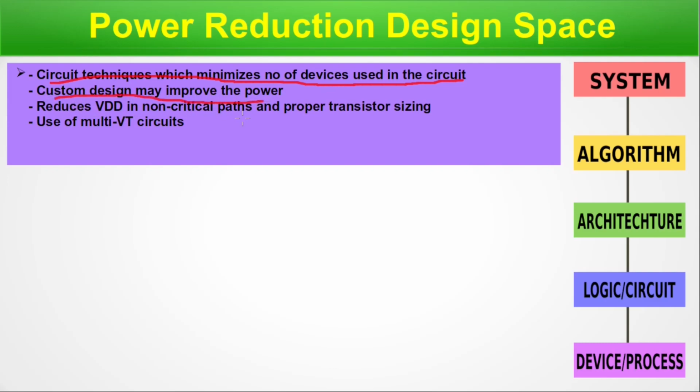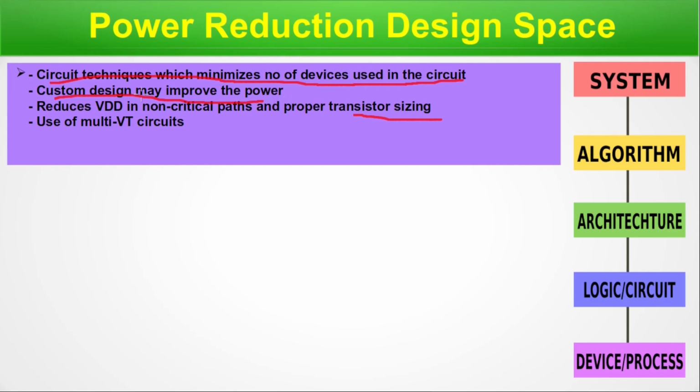Reduce VDD in non-critical paths and proper transistor sizing. Transistor sizing is changing the gate length. Depending on what type of device we need, not all transistors have uniform gate length. If we do it, that can help. And reduce VDD in non-critical paths.